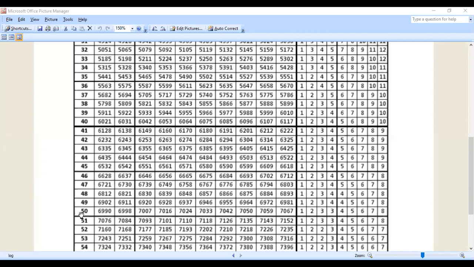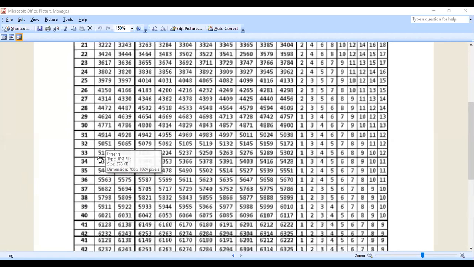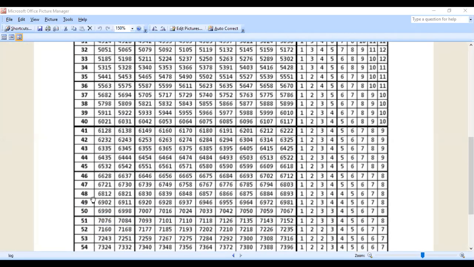So 50 has two digits. After you take one digit number 1 and put point, here opposite to 50 exactly 6990 is there. So log 10 50 value is going to be 1.6990. Like that you have to calculate.